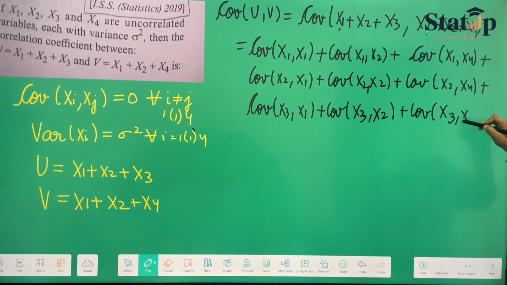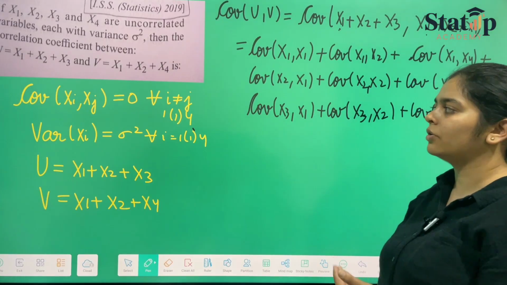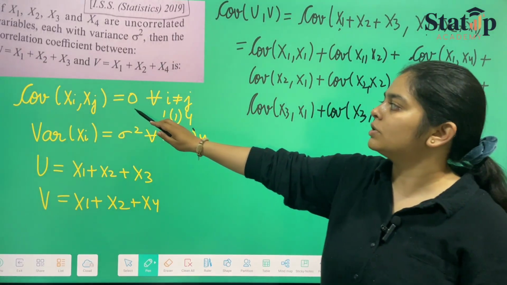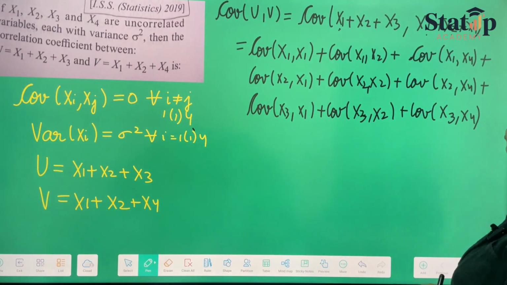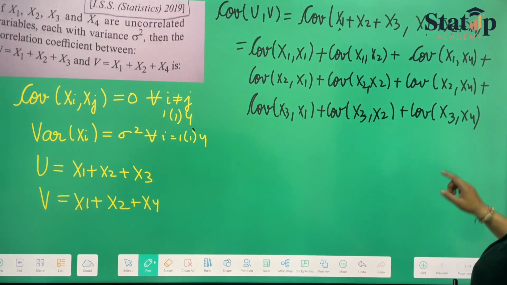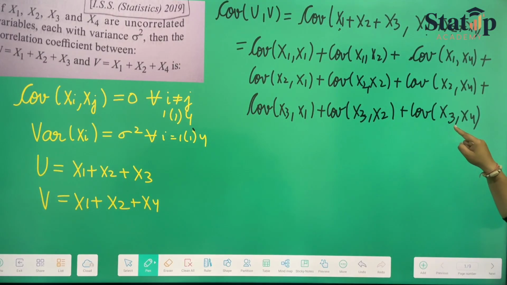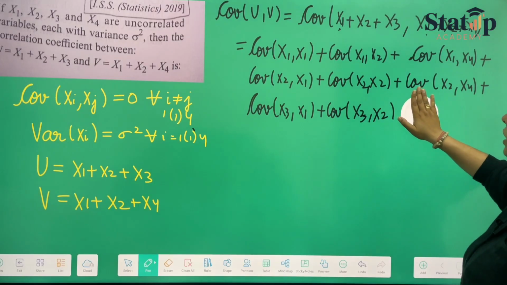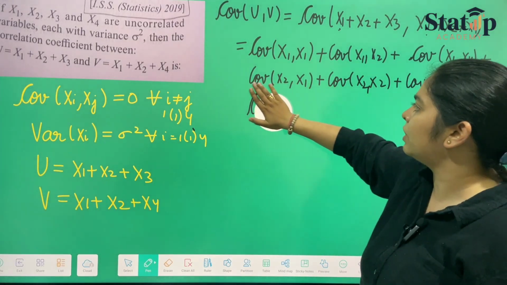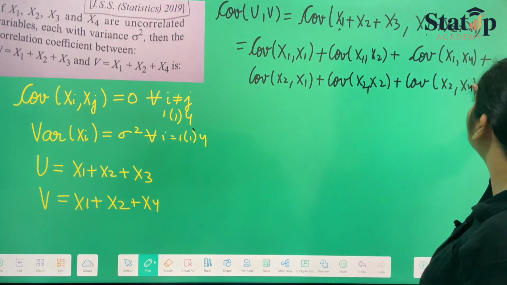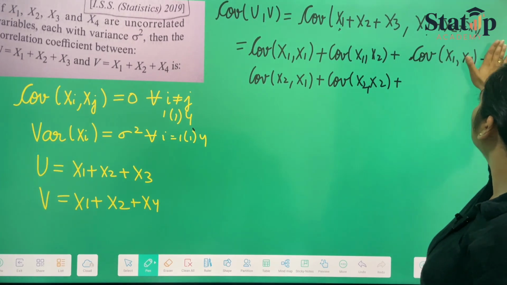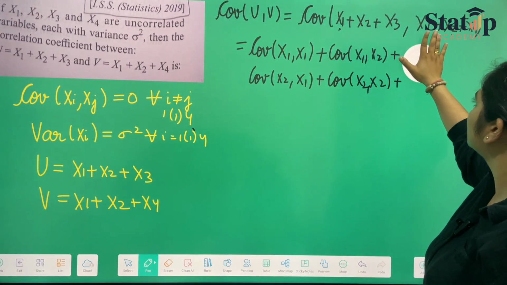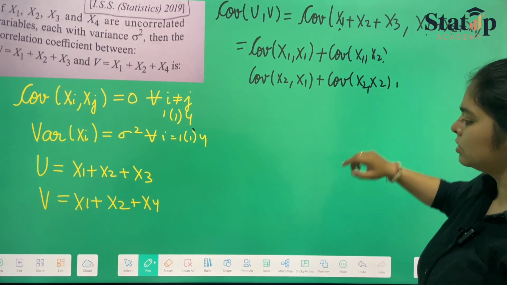Now we know that whenever these two i and j are not equal, the covariance is equal to 0. So all those that are not equal can be written as 0. Just like this is covariance between x3 and x4, 3 and 4 are not equal, so it will be 0. 3 and 2 not equal, 0. 3 and 1 not equal, 0. 2 and 4 not equal, 0. 1 and 4 not equal, 0. 1 and 2 not equal, 0.